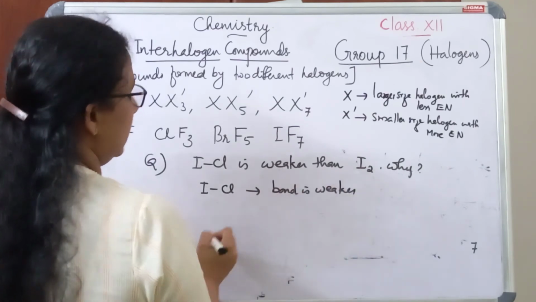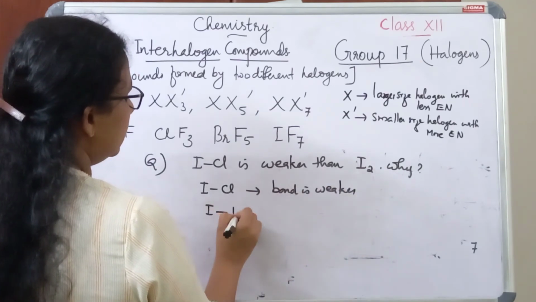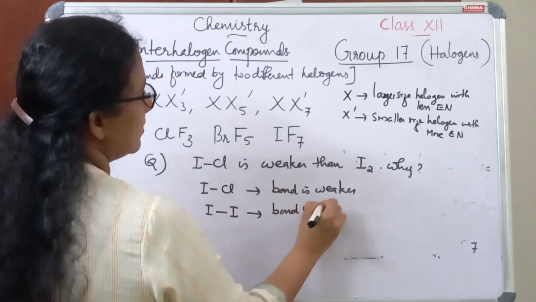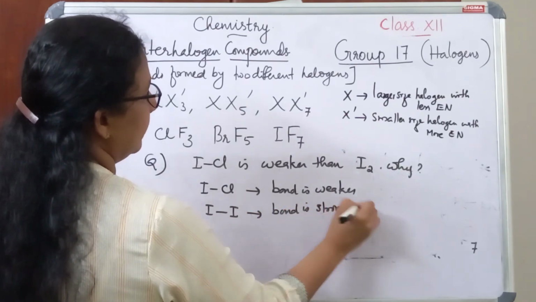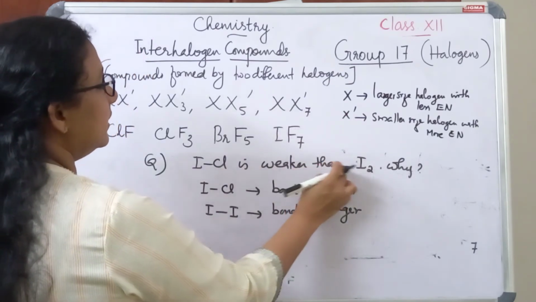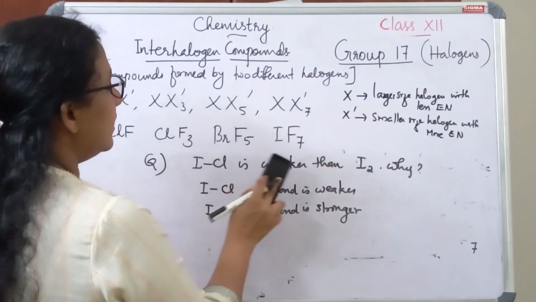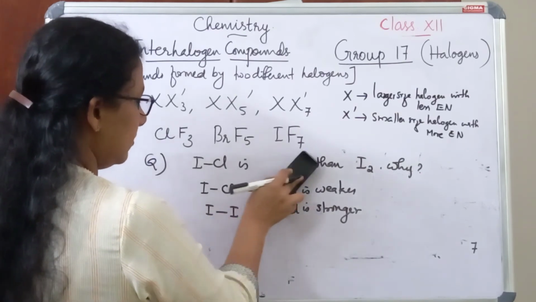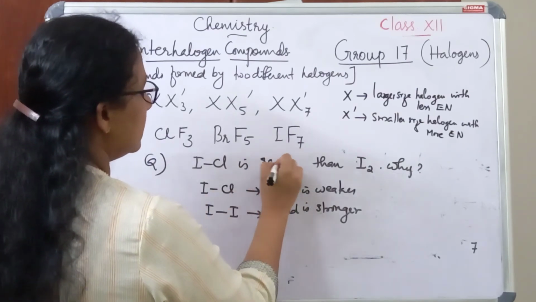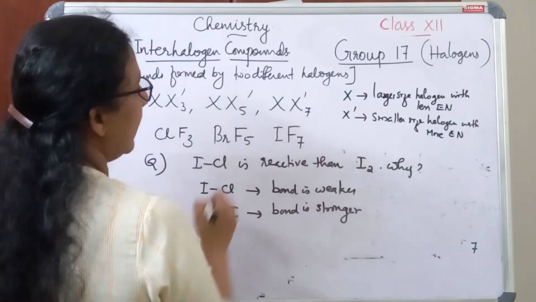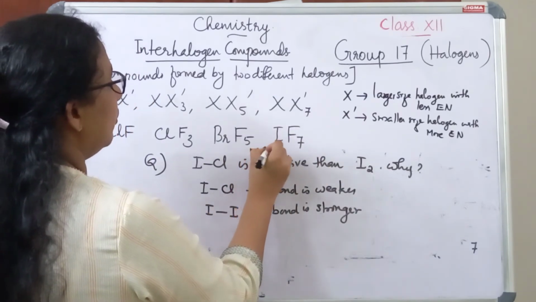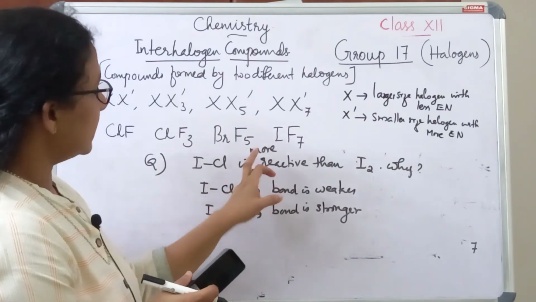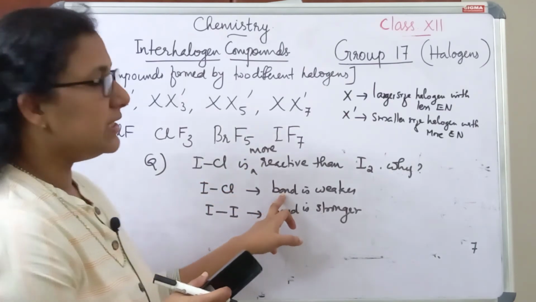In the case of I2, the bond is stronger. So ICl, since the bond is weaker, it is reactive. ICl is more reactive than I2. So ICl is more reactive than I2 since the bond is weaker.